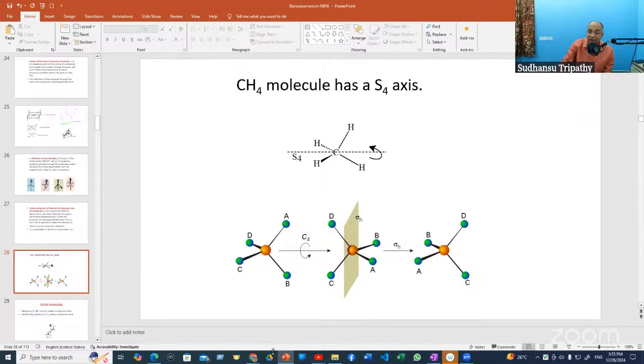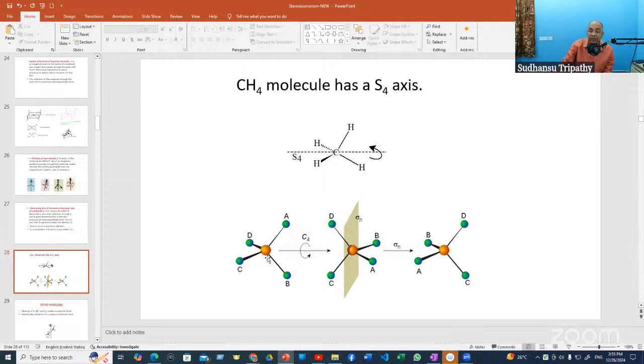In the picture A, B, C, D, it will be easier. So AB has now come to the right side due to rotation, but it is now horizontal. CD, which was horizontal, is now vertical. But when it is reflected through the sigma plane, the same sigma plane, then you get the same original.